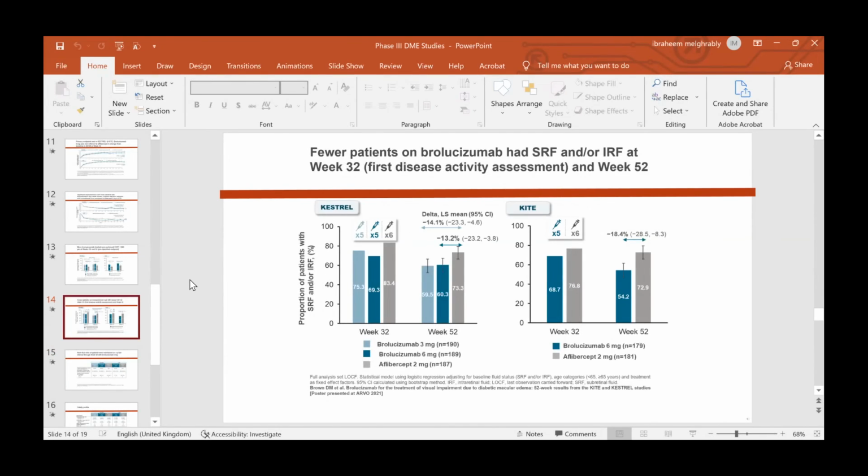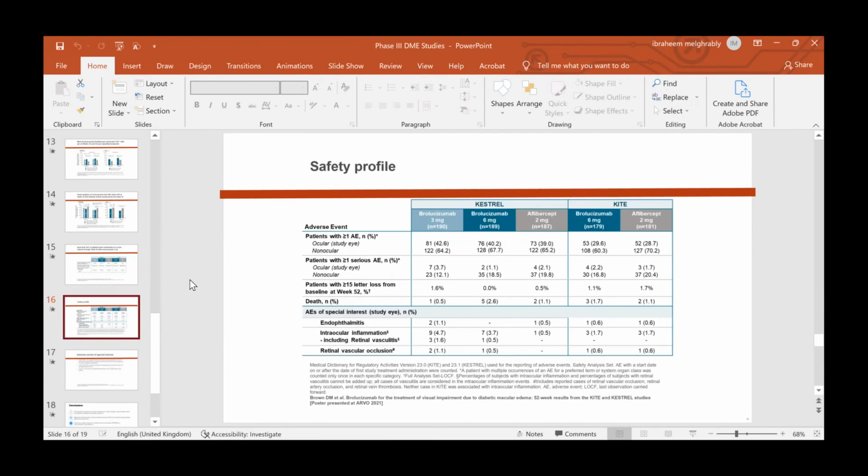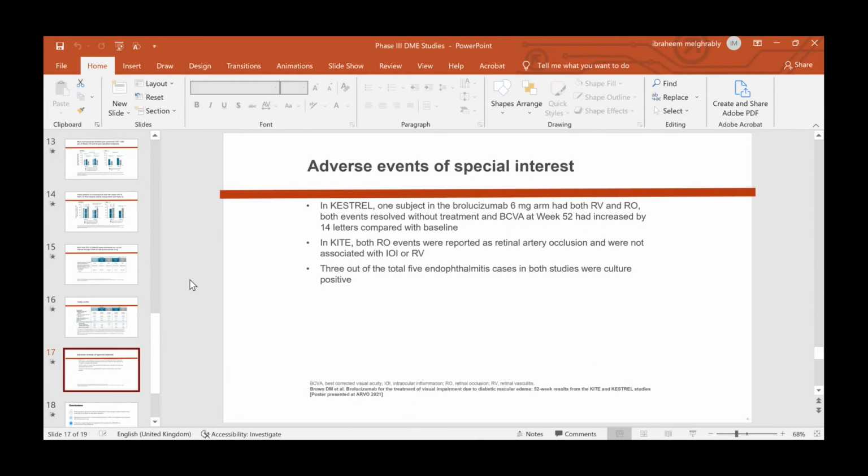And fewer patients on brolucizumab had subretinal fluid and intraretinal fluid, so it was even better in improving the central macular thickness compared to aflibercept. More than 50% of the patients maintained in Q12, which is a good outcome compared to aflibercept. And the safety profile was comparable.